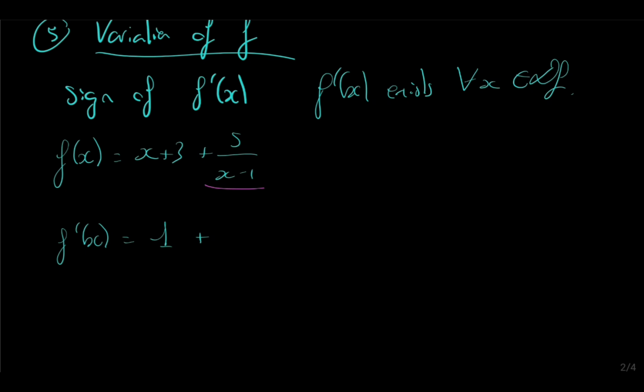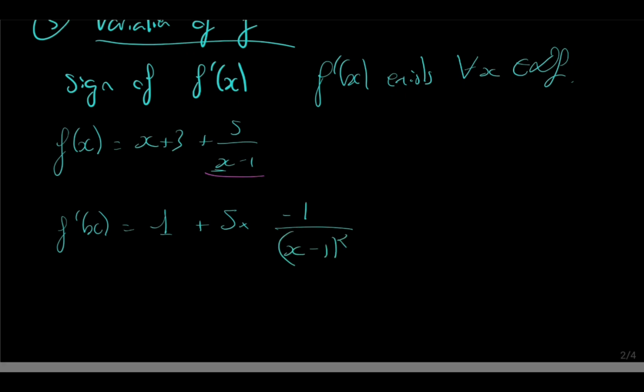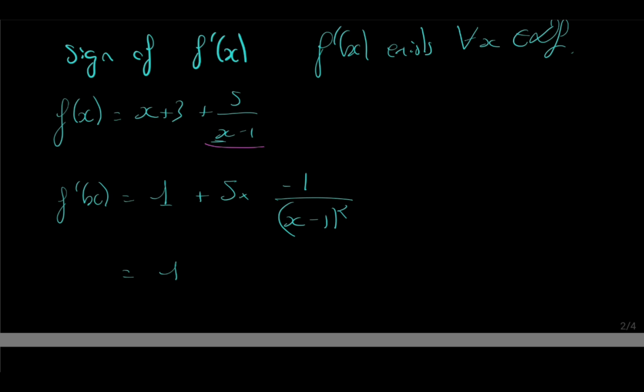The derivative of this is 5 times minus 1 over x minus 1 squared, which is equal to 1 minus 5 over x minus 1 squared.